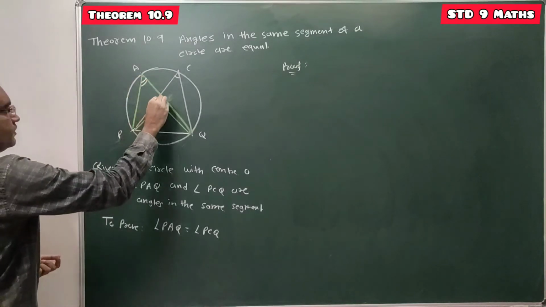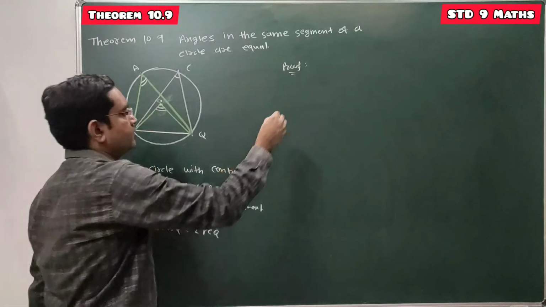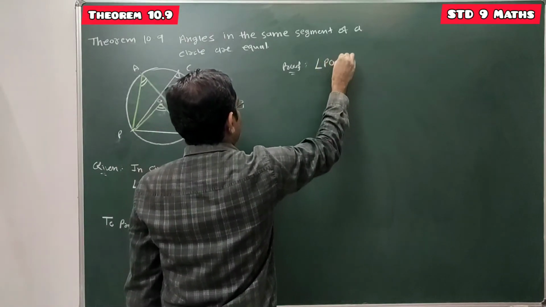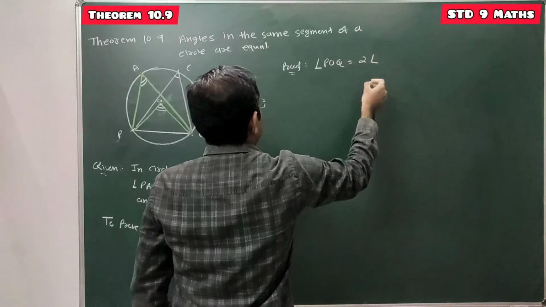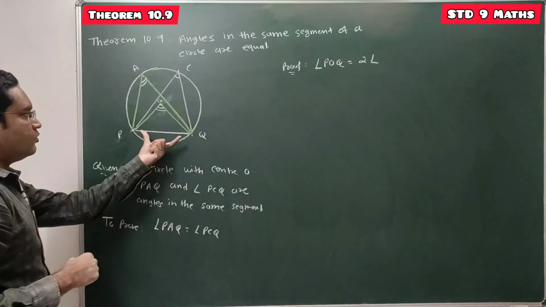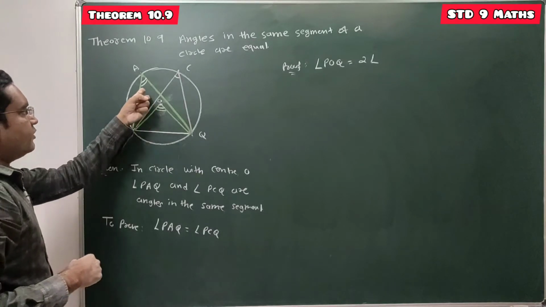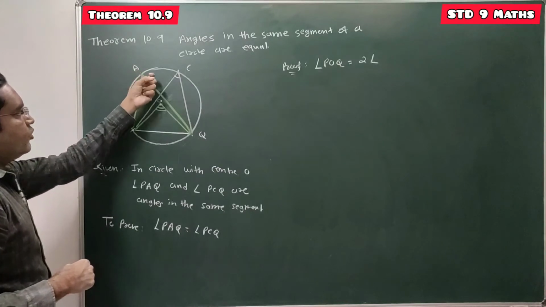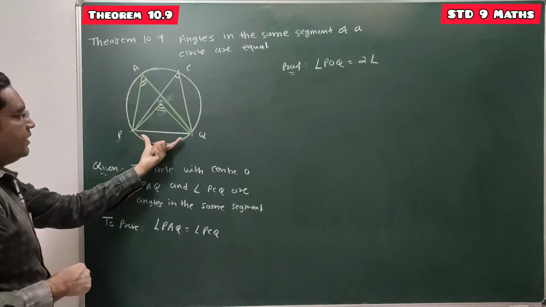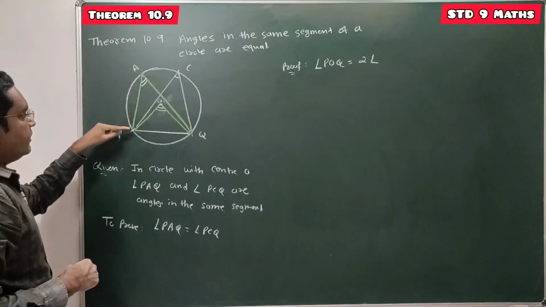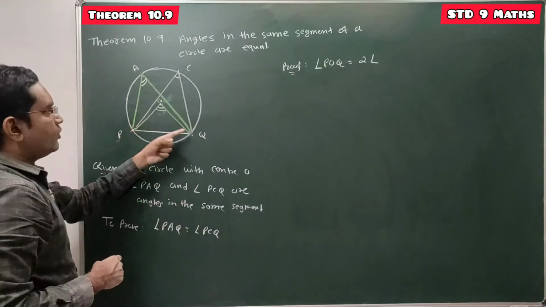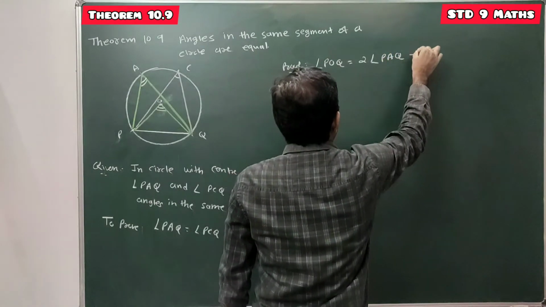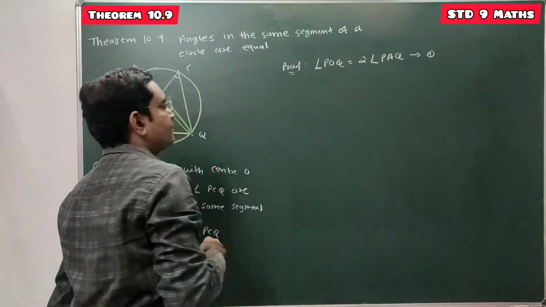So from theorem 10.8, the angle subtended by this chord at the center is twice the angle subtended by the same chord on the remaining portion of the circle. Here the angle subtended by chord PQ at point A is angle PAQ. So POQ is twice angle PAQ. Call this result number 1.